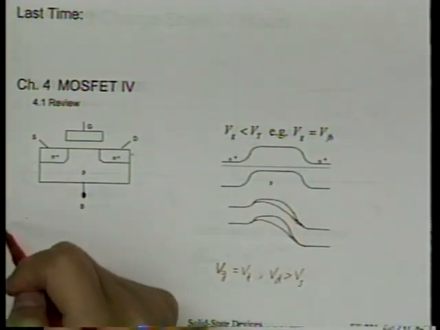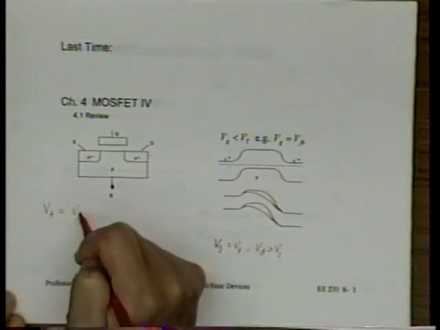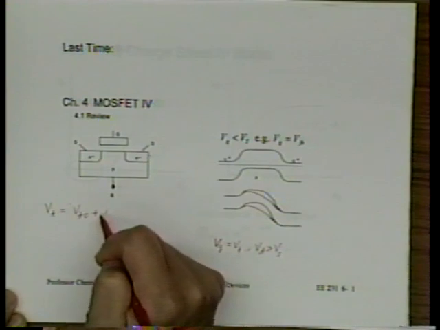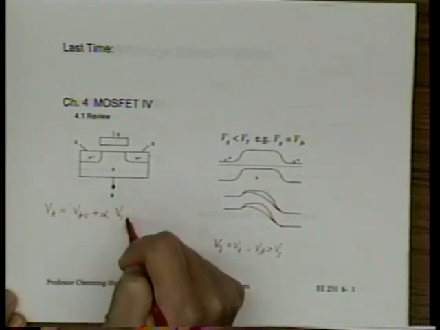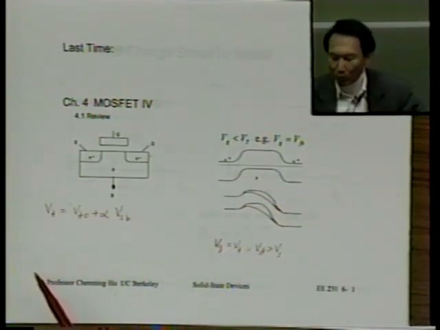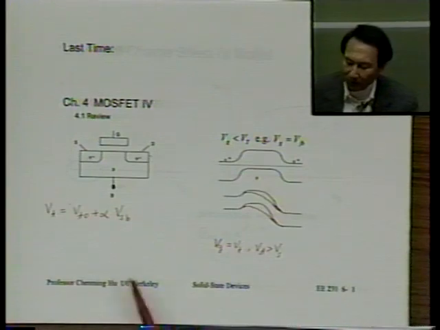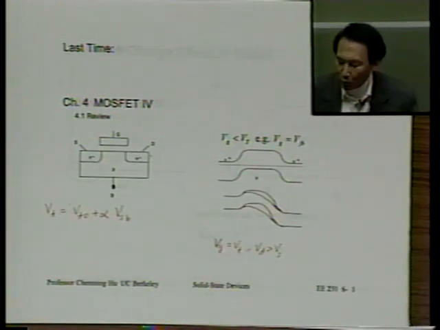I think we introduced this relationship between VT and the body bias, VSB. VT is a linear function of the body bias, VSB. That's a little different from perhaps what you remembered as the body effect. Mathematically, you might remember there's a long square root term.